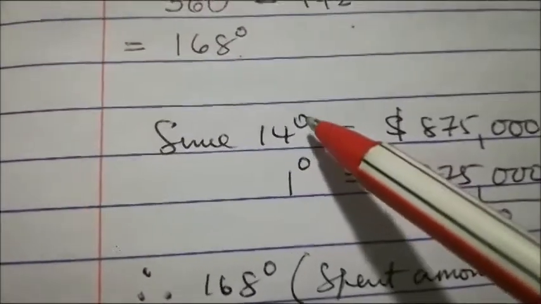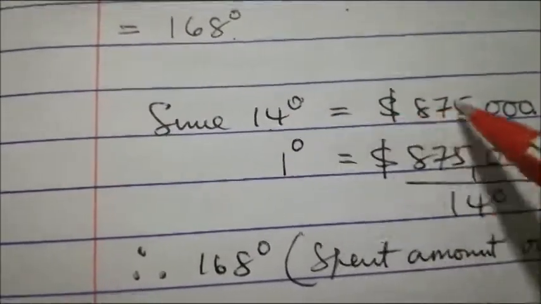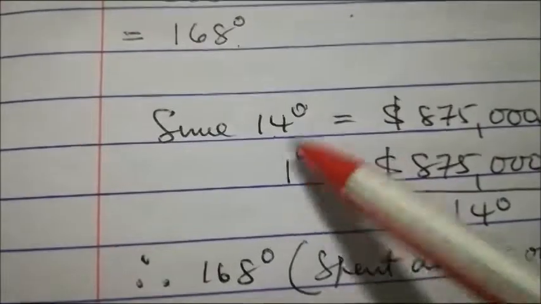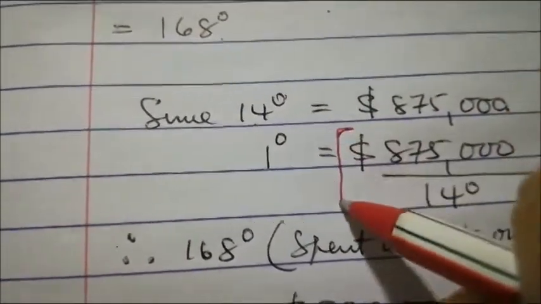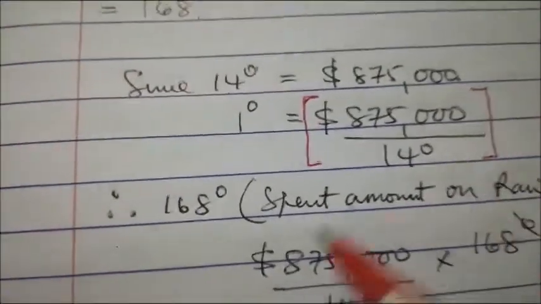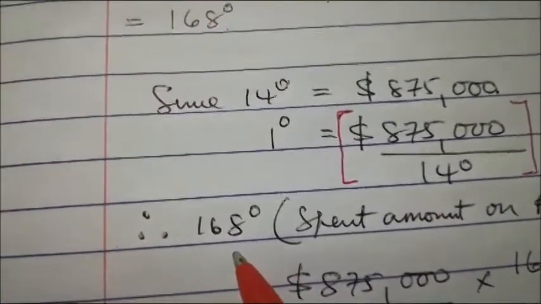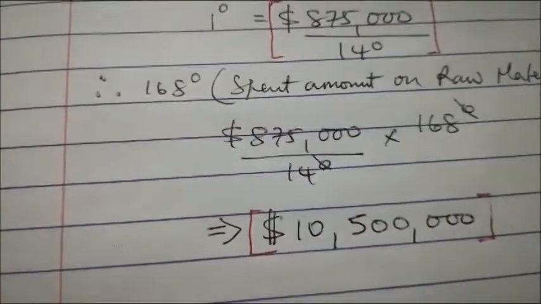So you can see clearly that there's a relationship between the degrees and the amounts. And once you know the relationship, once you find what 1 degree is worth, which is the conversion factor, using the unitary measure, we're able to calculate 168 degrees, which led to 10,500,000.